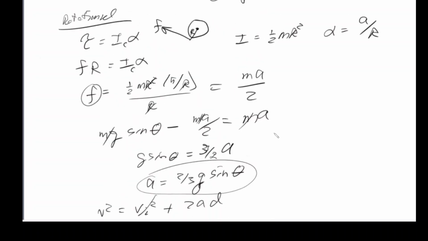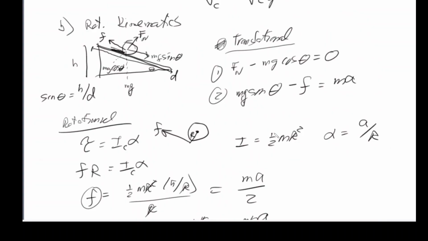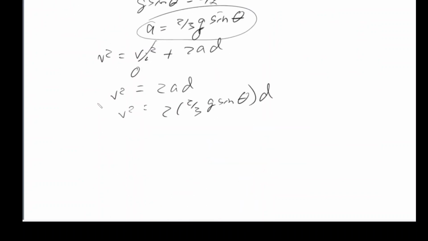Now, let's go back and look at our initial diagram. It traveled the distance d, and this is the height h, and so the sine of theta is equal to opposite over hypotenuse, or h over d. So we substitute that back in here. V squared is equal to 2 times 2/3 g times h over d, because that's what the sine theta is, times d.